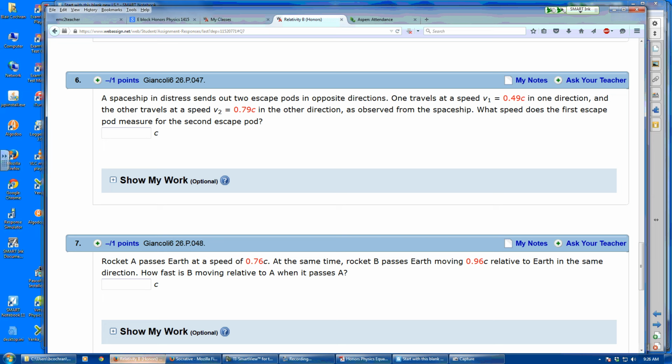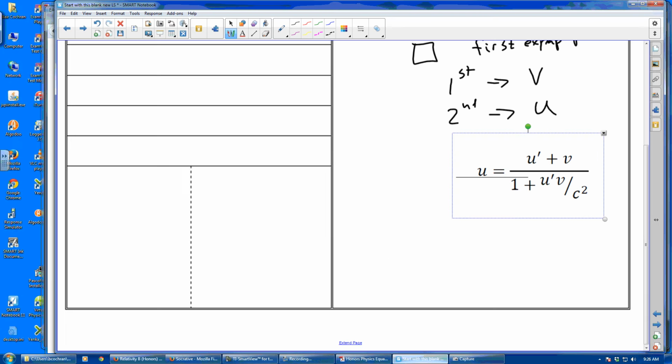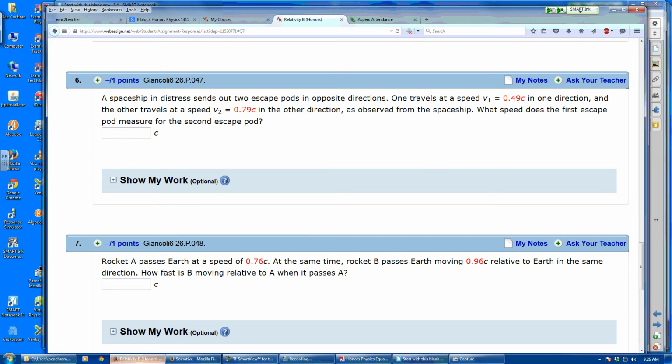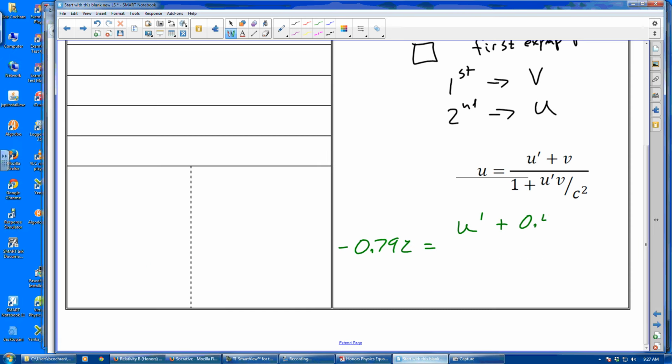So I'm going to say it's negative 0.79 C. So negative 0.79 C equals U prime is what I'm looking for, plus the velocity of the first, that V is the velocity of the first one, and it's measured from the ship, so that's 0.49 C. So it's in the opposite direction, 0.49 C over 1 plus our U prime again times 0.49 C over C squared.